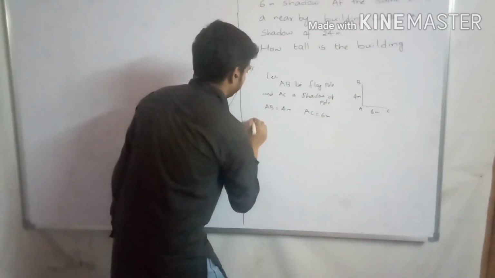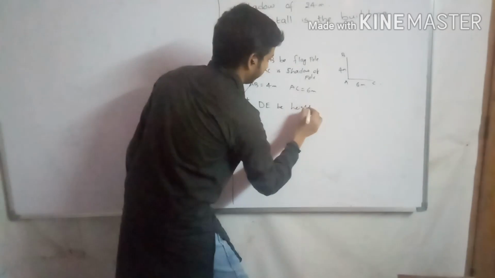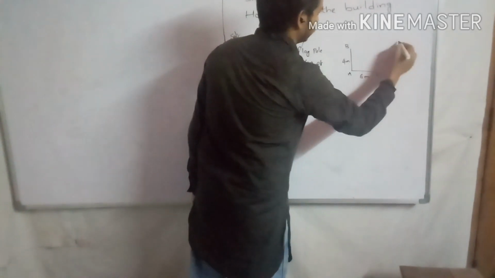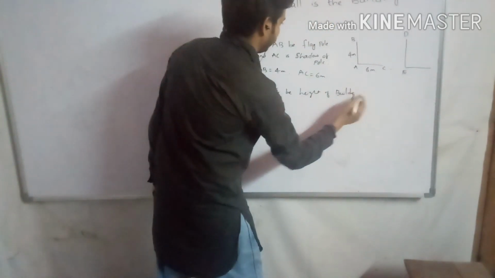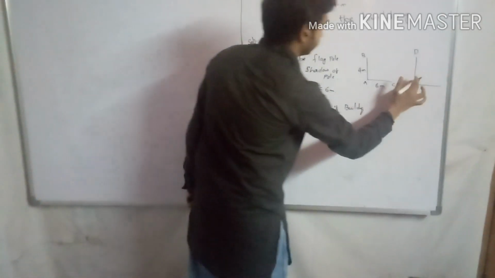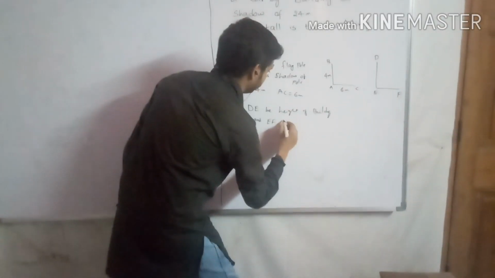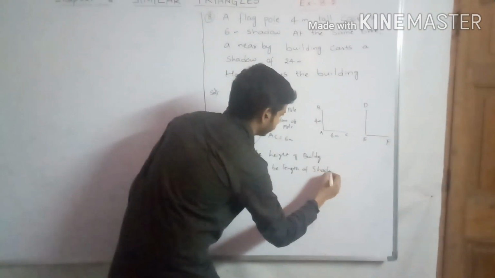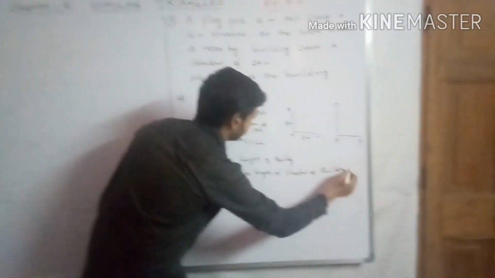Again, let DE be the height of the building, and let EF be the length of shadow of the building.